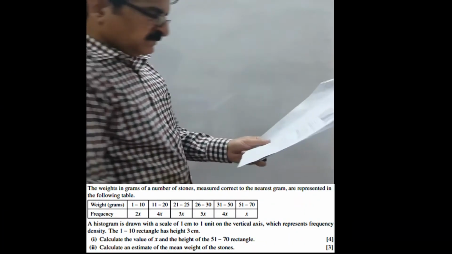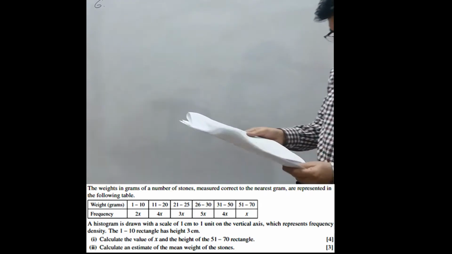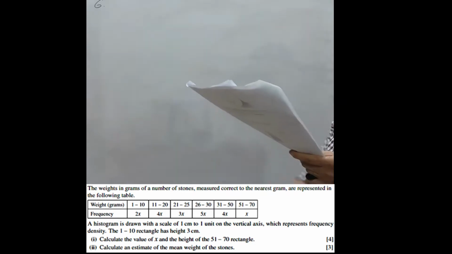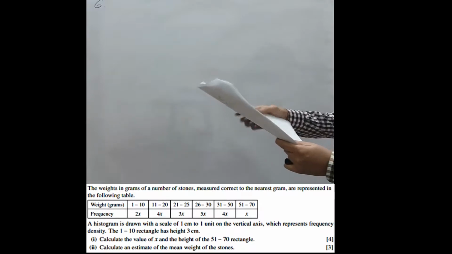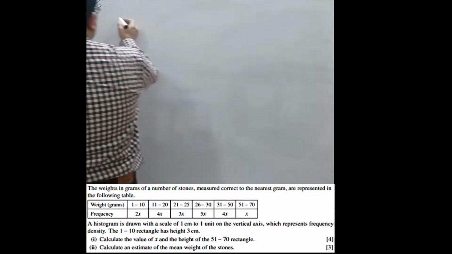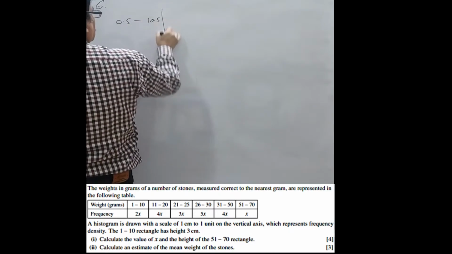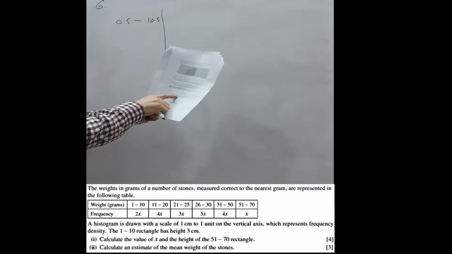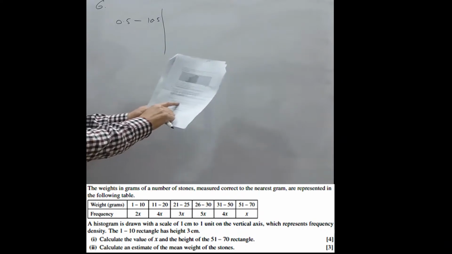Okay, next question number 6. Please see the question. In the statement it is given that the weights are to the nearest gram. So we make class boundaries, subtracting 0.5 from the lower limit and adding 0.5 to the upper limit, because nearest gram means you have to add 0.5 to the upper class boundary.